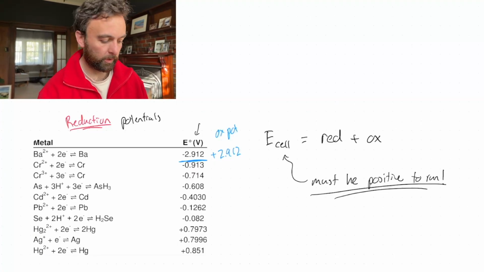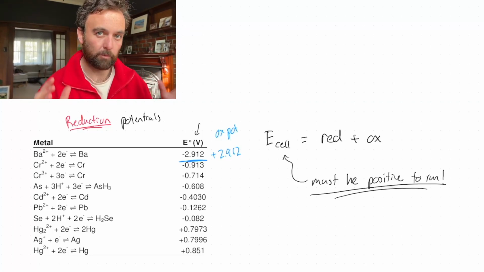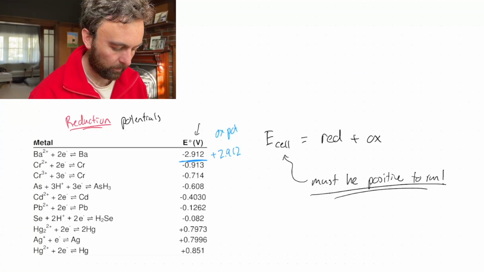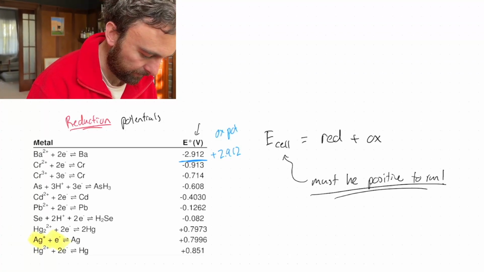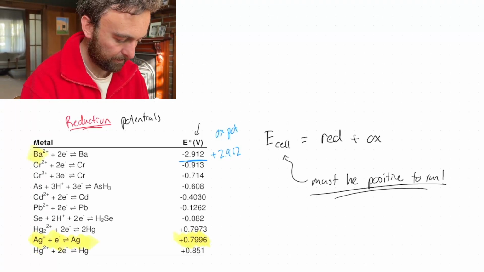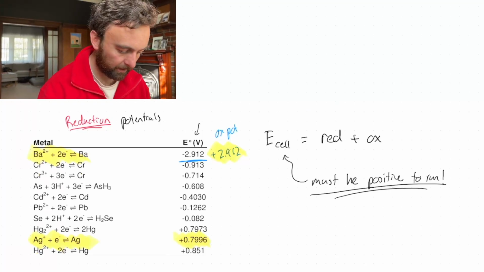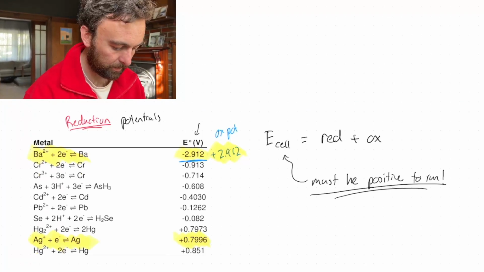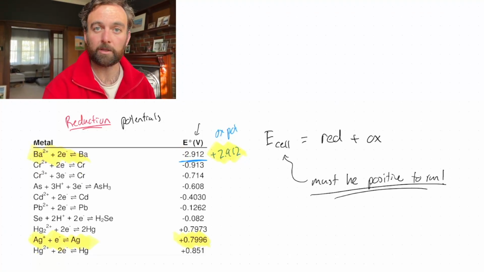Now, once we know which one's running as a reduction, and I'll get into exactly how we do this, but I just want to give more of an overview first. So let's say we're running this one as a reduction, and then we're running this barium one as an oxidation. Notice that I haven't used that negative because I'm using the oxidation potential because barium's going to be oxidized.